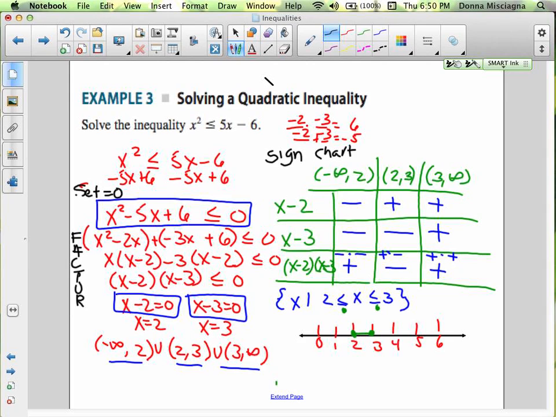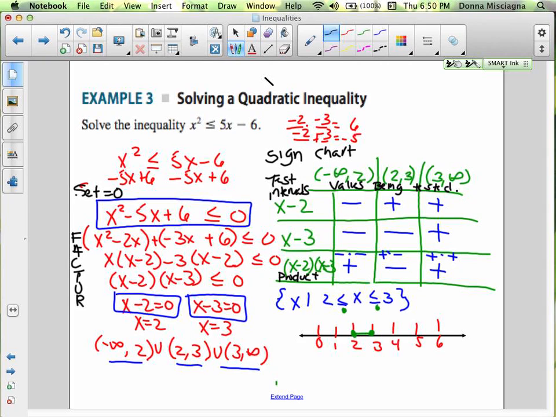All right, and so here were our test intervals. And these were the values being tested. And then here's our product.